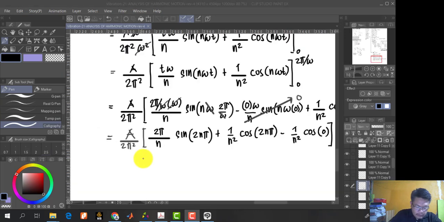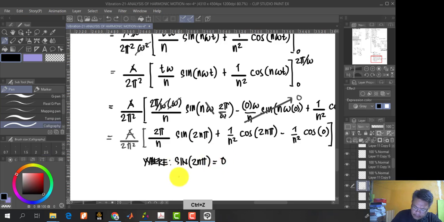So I'm going to write here where, for the values, sine of 2n pi is equal to 0, and cosine of 2n pi is equal to 1.